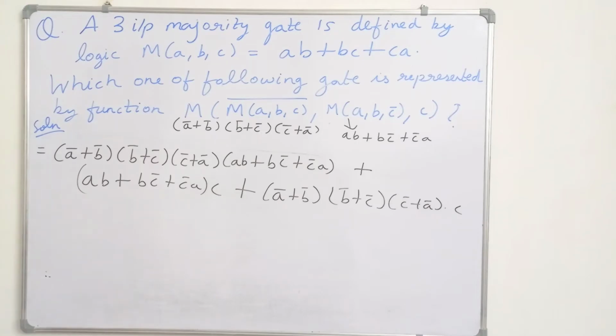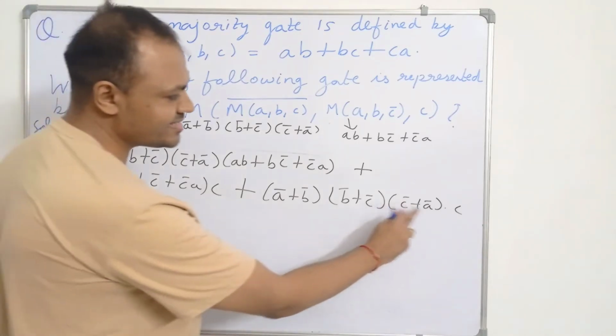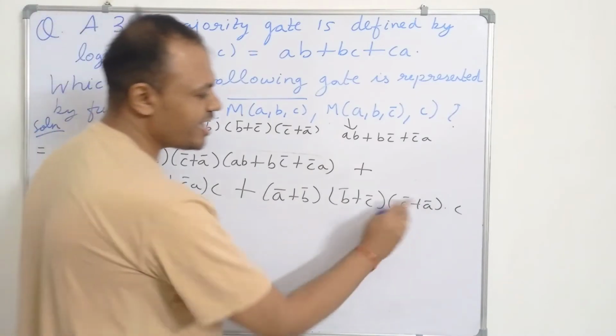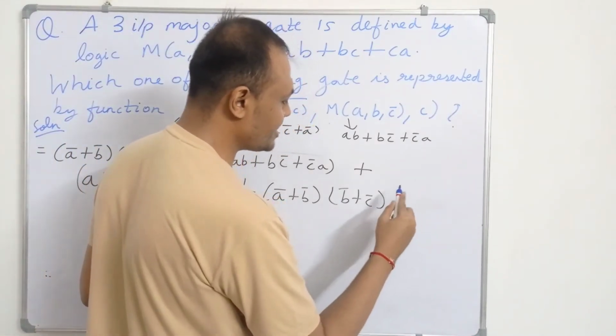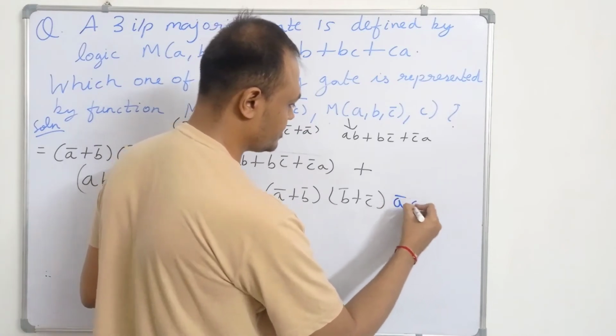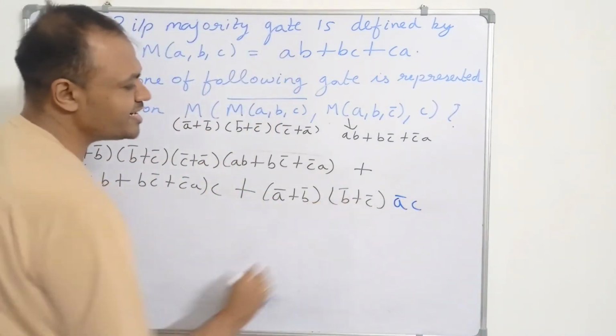If you multiply this, C into C bar will be 0, so this will give you A bar C. Now we have to multiply this.